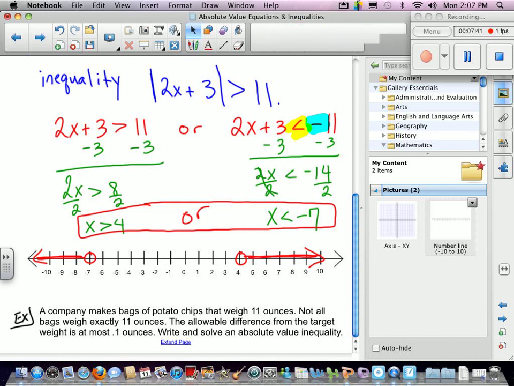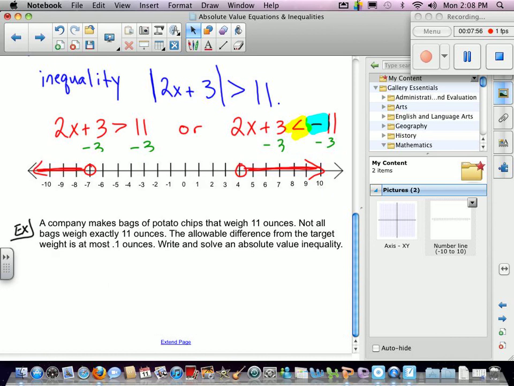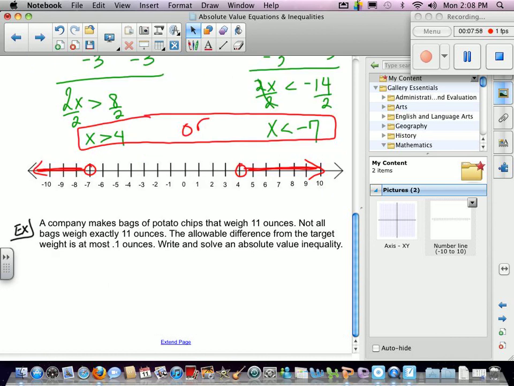Okay. So possible solutions would be -8, -9, -10, so on and so forth in the left-hand direction. Or we could have 5, 6, 7, 8, 9, 10, and so on and so forth, 11, 12, and we could keep going. All right? But we could check those by plugging in those numbers and making sure that they work. And of course they will.